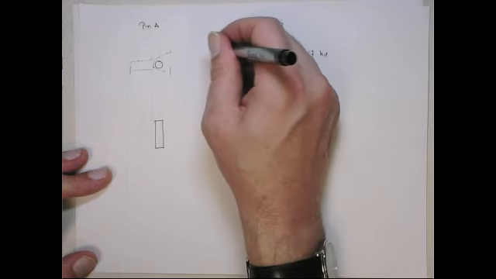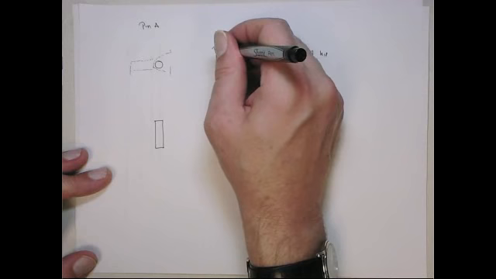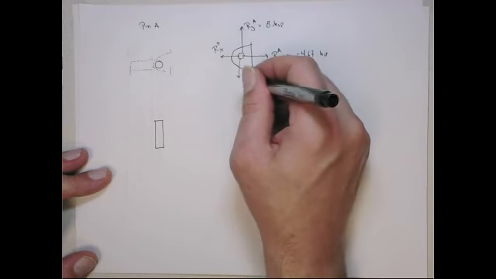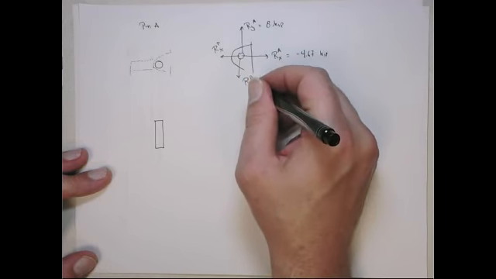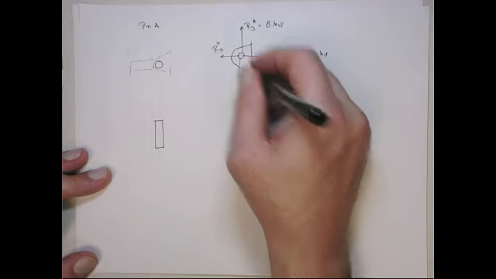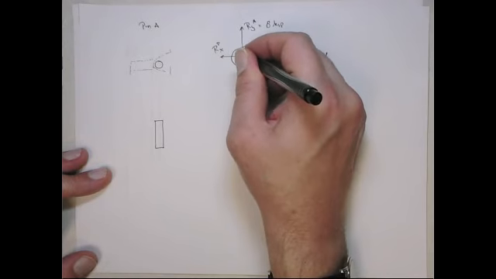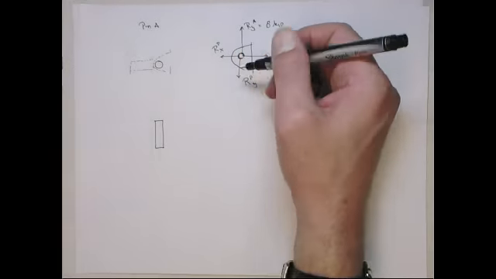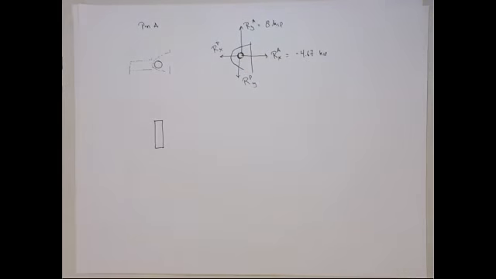Here's the reaction from the pin at A in the X direction, and the reaction from the pin in the Y direction. They're acting on each other, so they have to balance out. And they're all acting at A, so there is no opportunity for any moments to manifest themselves.